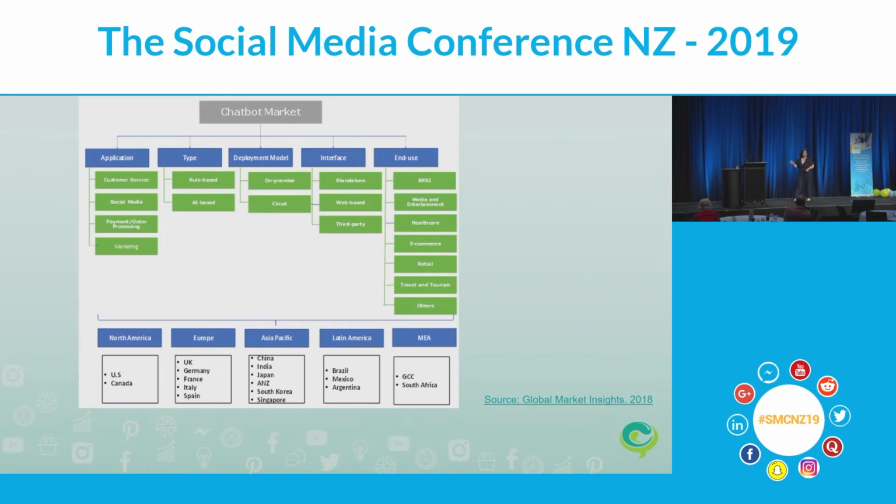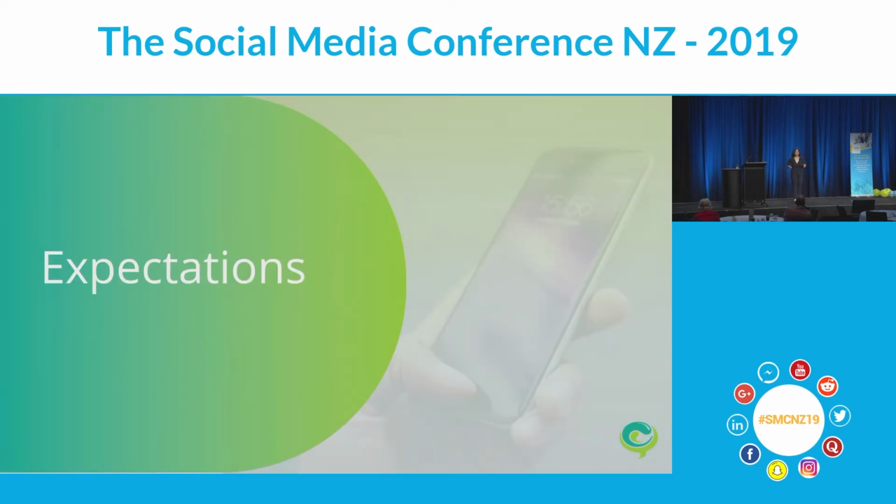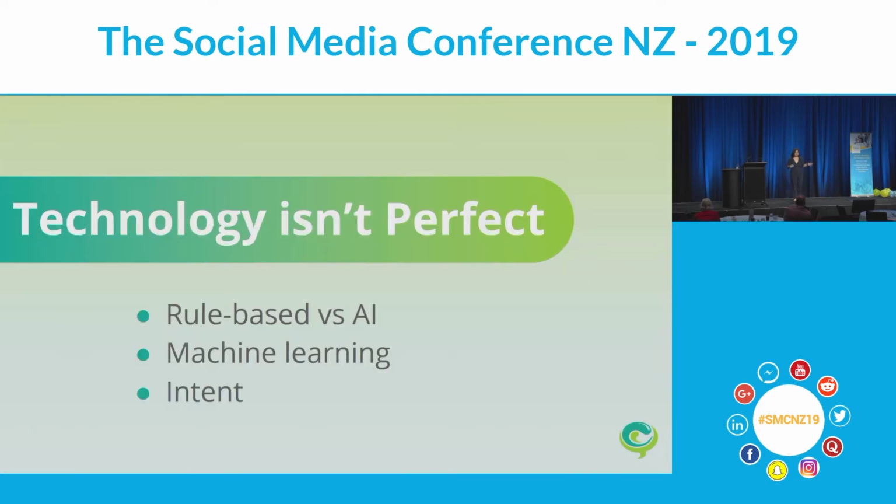Anyway, expectations: when you're ready to plan and deploy a chatbot, is it for me or not? Technology isn't perfect. Whether it's rule-based or AI or machine learning and intent, it isn't perfect. Even AI. A lot of people are talking about it, and there's a conference about AI coming up, but it's still not perfect.